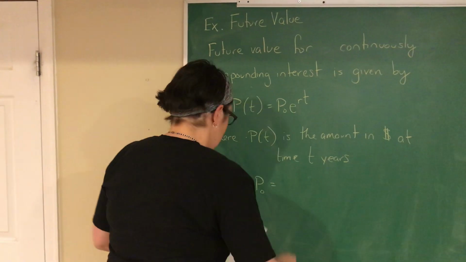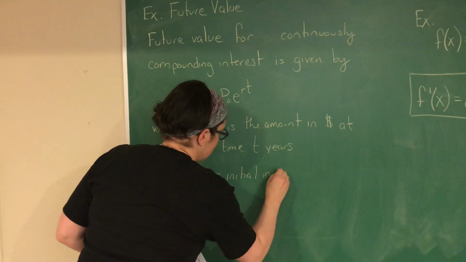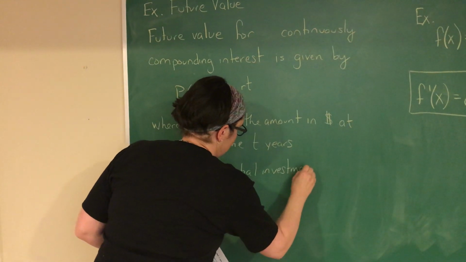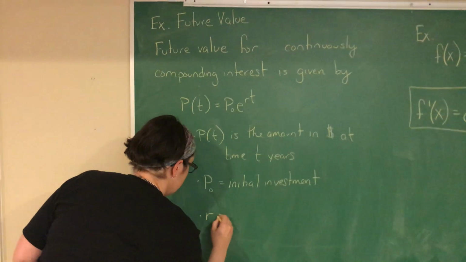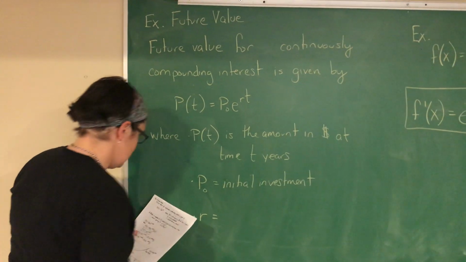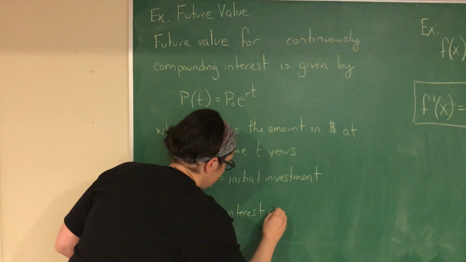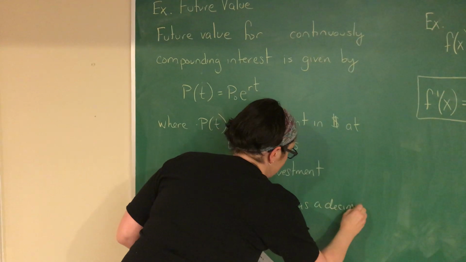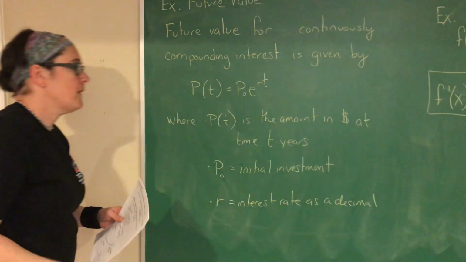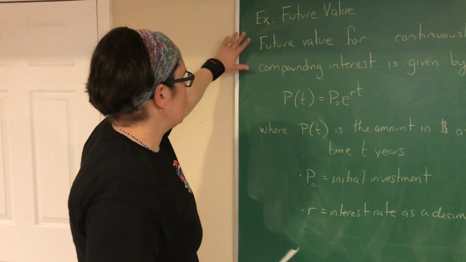So P naught is the initial investment, and R in that formula up above is the interest rate as a decimal.